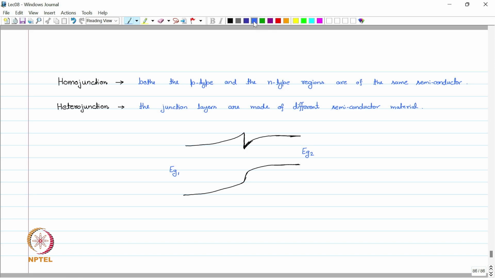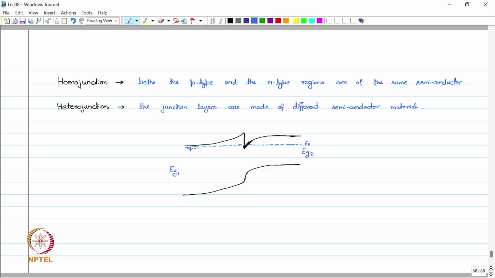If we also draw the Fermi level for these p type and n type, because the Fermi level is close to the p type here, this is the Fermi level, EF. This is the p side.